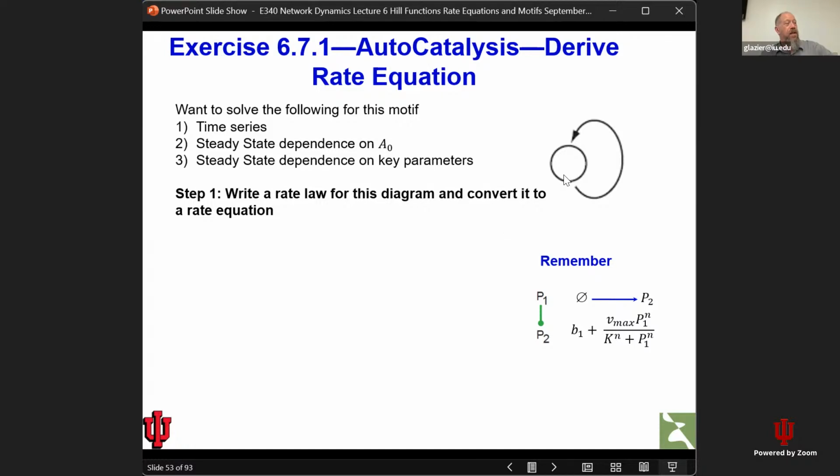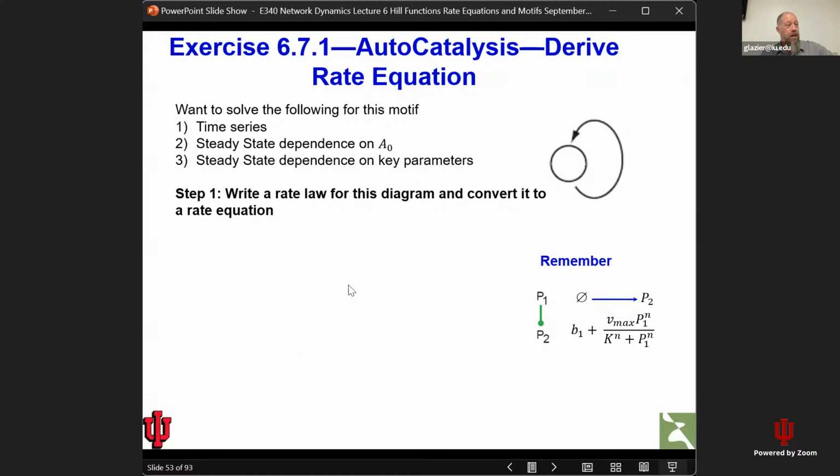What's the first thing that I have to do here? If I want to write a rate law, I have to give my species a name. And I've said to call it A. A promotes A. So what does that mean here? A activates A. And so that means the rate would be what?